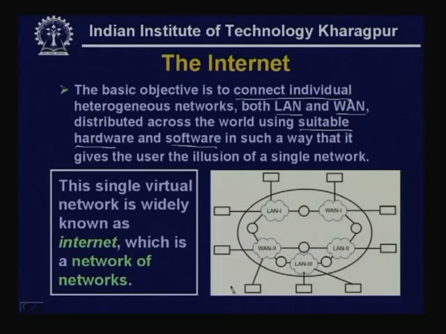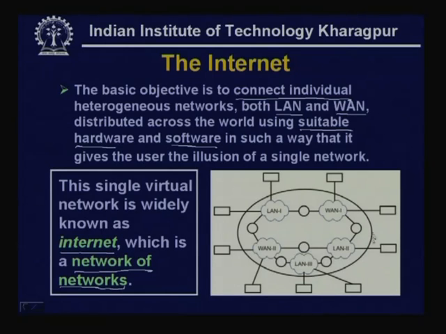So far as the user is concerned, it will be communicating through a number of systems, LANs, WANs, but it will be transparent to them. They will be able to communicate seamlessly, and that is the objective of Internet. This single virtual network is widely known as the Internet, which is essentially a network of networks.